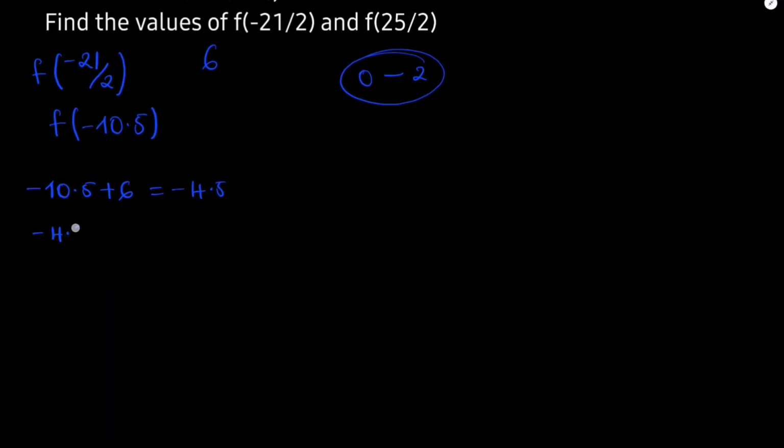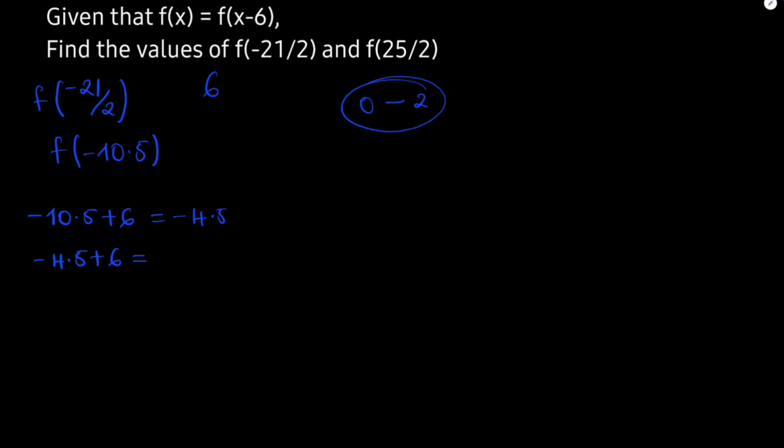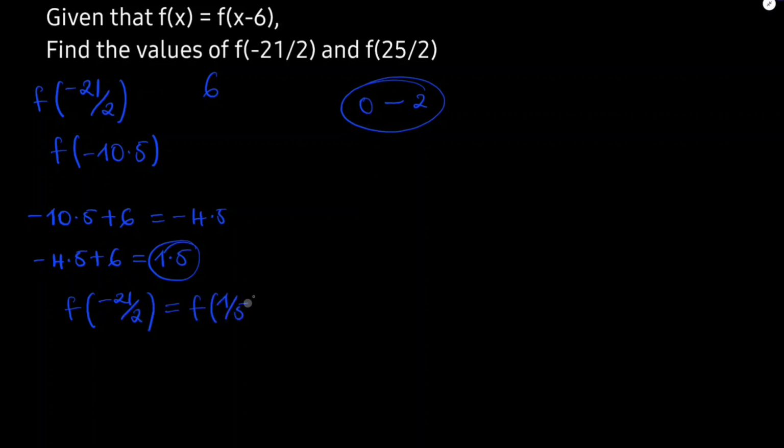Minus 4.5 plus 6 gives us 1.5. Is 1.5 in our range? Yes, 1.5 is greater than 0 and less than 2. So we can say that f(-21/2) is the same as f(1.5).